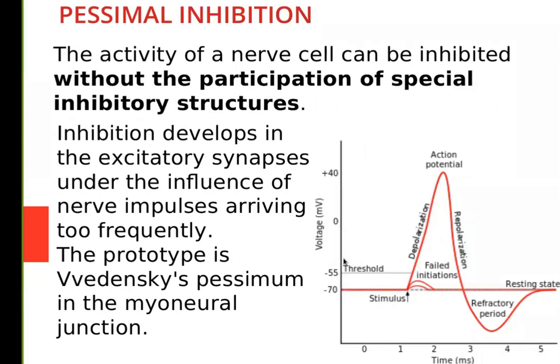Now we talk about secondary inhibition, or inhibition without neurotransmitters. First of all, it's pessimal inhibition. Pessimal, from the term pessimal, is a very high frequency of stimulation when the second stimulus comes in the refractory period from the first stimulus. About these terms, I told you in the first lecture. Remember the refractory period, the action potential?